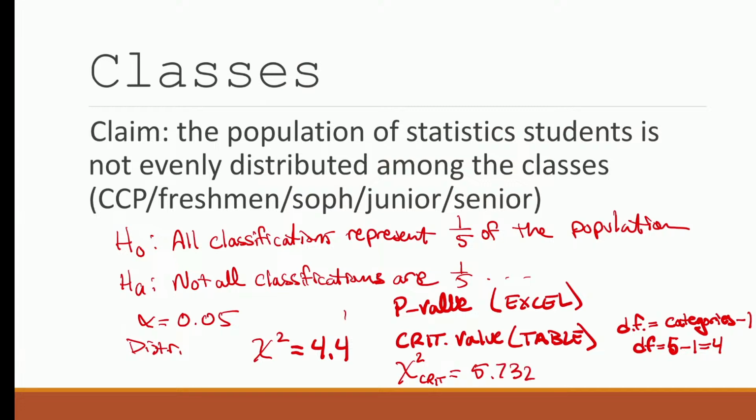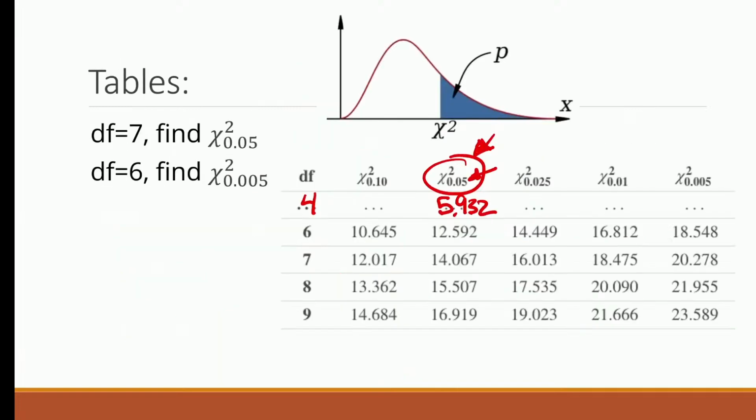And you'll notice that this is smaller than that, which means that chi-squared value is not good enough to reject the null hypothesis. So the way that you might picture this is that this number is right here, and our test statistic is back here. So not very exciting. 4.4 is not exciting enough to say that we're going to reject the null hypothesis.